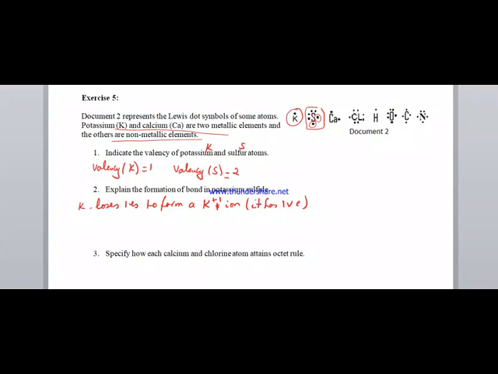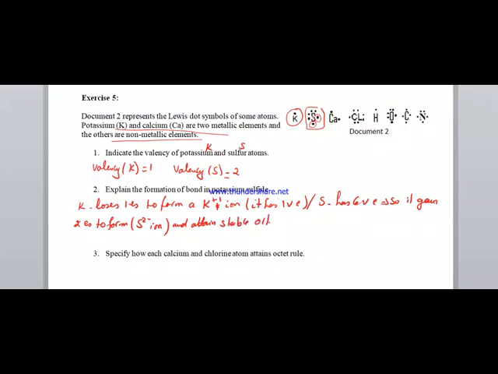And sulfur has 6 valence electrons, so it gains 2 electrons, since if potassium loses, the other element gains, to form an S2- ion and attain a stable octet.